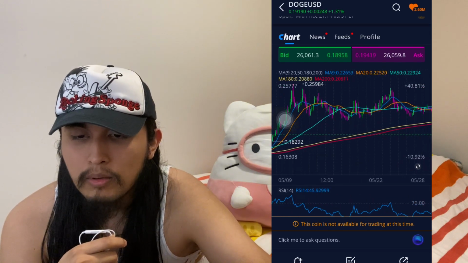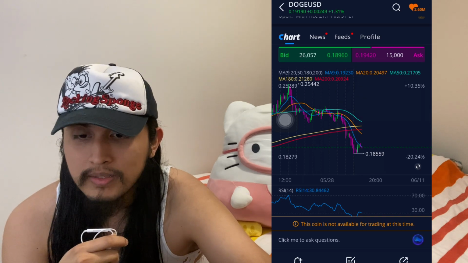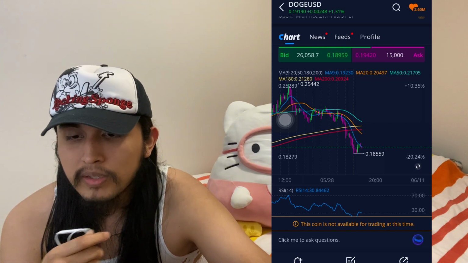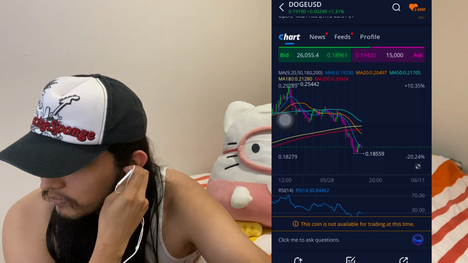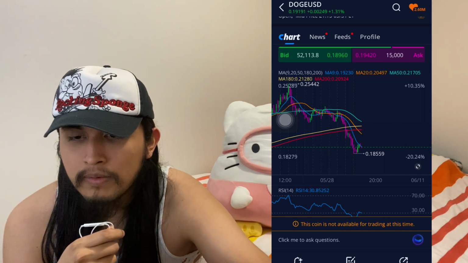But now it looks like Doge could return back to its normal state of being in a bearish trend, because if you look at the 50, 20, and 9-day moving average, they're about to cross below the 180 and 200-day moving average.